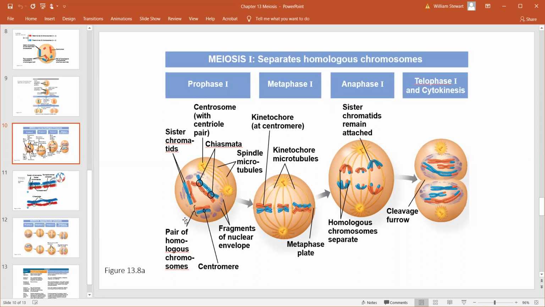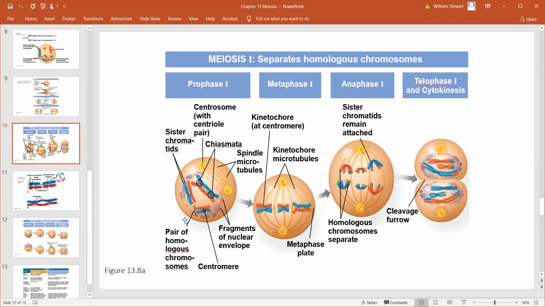Is that how people get certain features? Yes, exactly how that works. So I'm going to draw a crossing over event just with this chromosome here. There's my plain chromosome 1, and here's my striped chromosome 1. After a crossing over event, this plain chromosome 1 would get a piece maybe of striped, and striped gets a piece of plain.